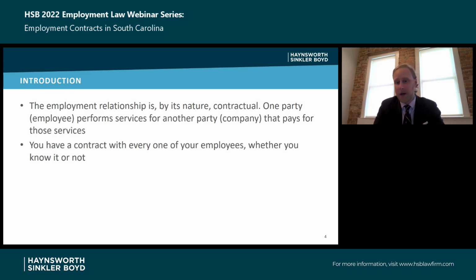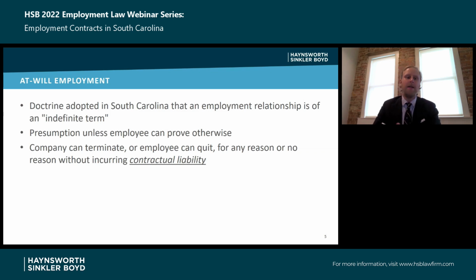Even if it's at will and there's nothing in writing, the employment relationship is basically the employee agreeing to provide services, and that person receiving pay for those services. And so that's a contract. This is true whether you hire the person as a W-2 employee or as an independent contractor. You're agreeing to pay someone for performing services, and that right there is a contract.